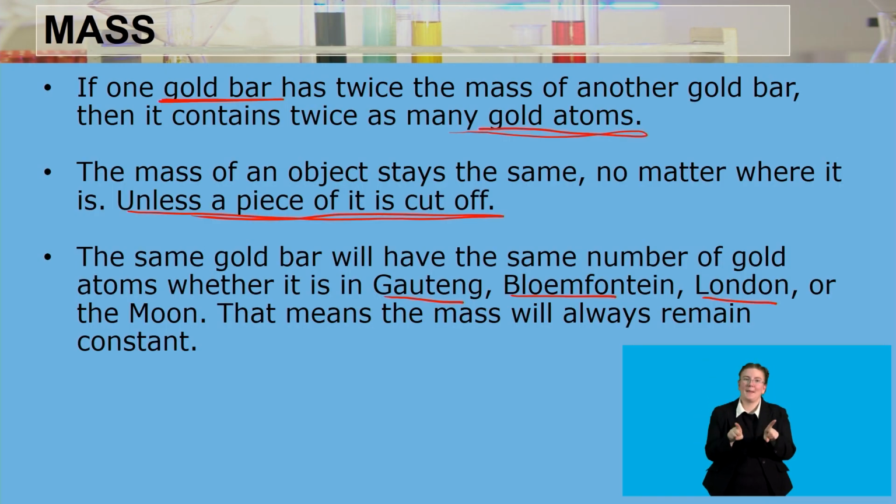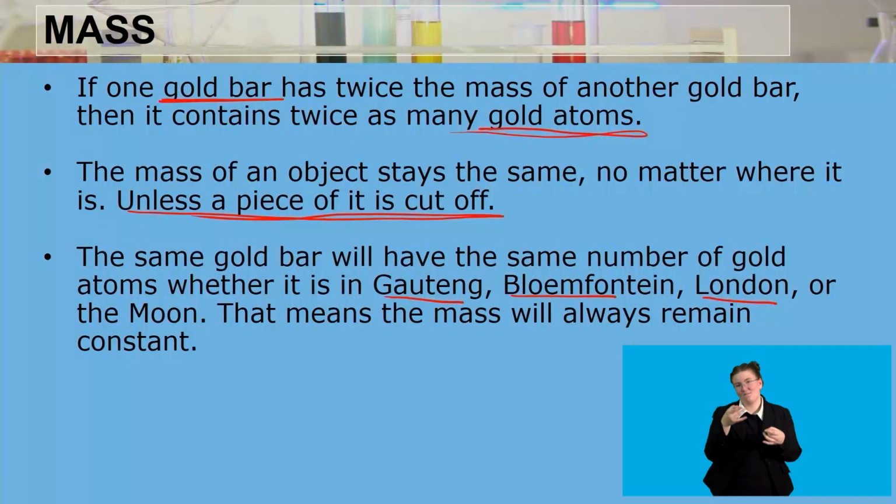We can take the very same gold bar and move across the country, or even go as far as the moon, and that gold bar will still have the same mass. So the mass will always remain constant. Remember, unless a piece of it is cut off.